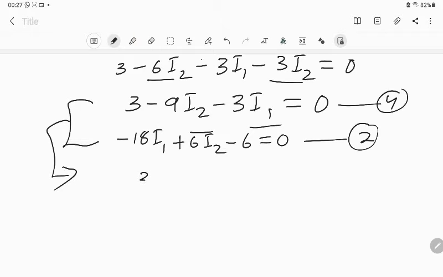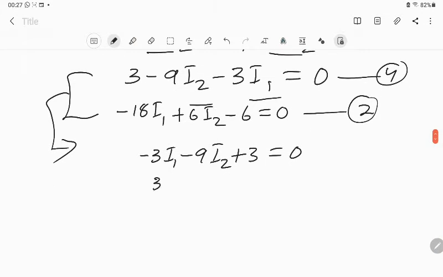Now I will arrange. From equation 4, minus 3I1 minus 9I2 plus 3 equal to 0, so 3I1 plus 9I2 minus 3 equal to 0.